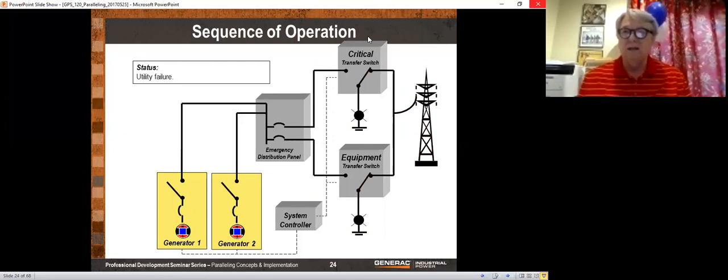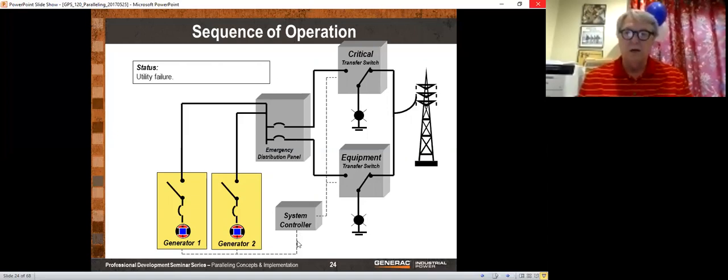In that event, each of these transfer switches is going to close a contact, our typical 2-wire start, and it's going to go over this dotted line. So if either of those transfer switches sees a power outage, it will close a contact to the system controller, and the system controller will then realize that we need to start the generators.